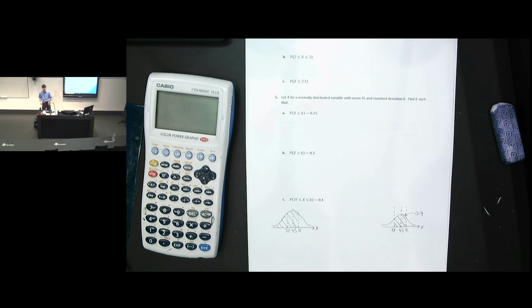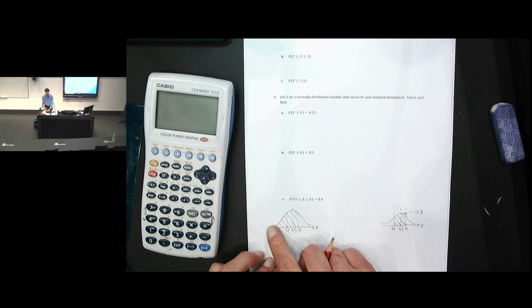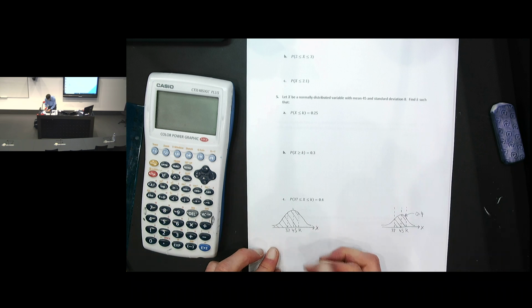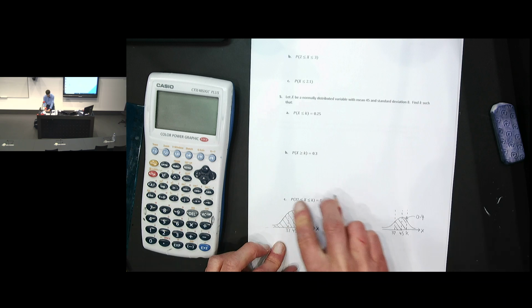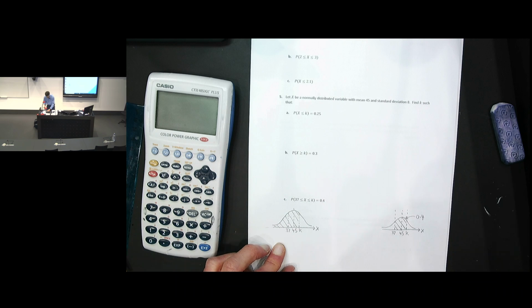However, what we can see is that this whole big area is made up of two bits. It's made up, first of all, of this area from minus infinity up to 37, and then added onto that is this area under the graph from 37 up to k. So let's break down this big area into those two bits.